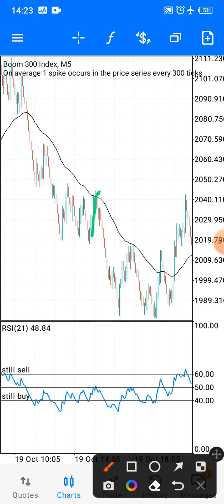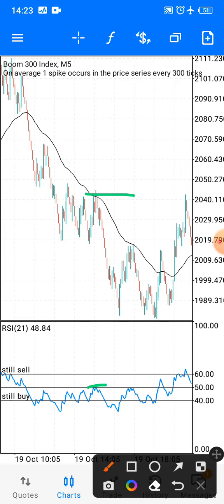That's when we start looking for our entries. When it goes back to the 50 moving average, like here, that's when we come to our RSI and check if the RSI has reached level 50 also.